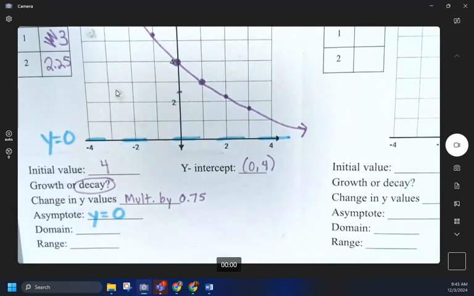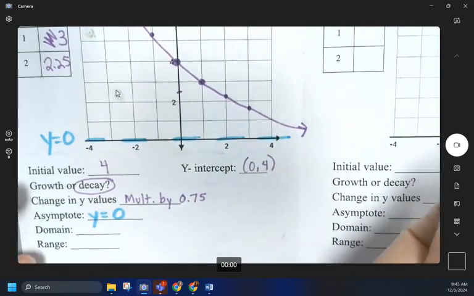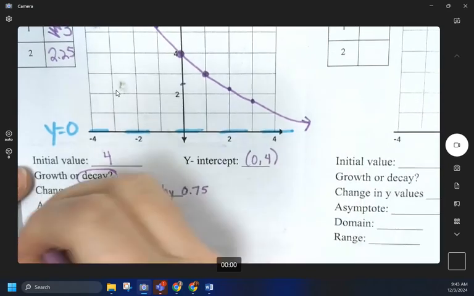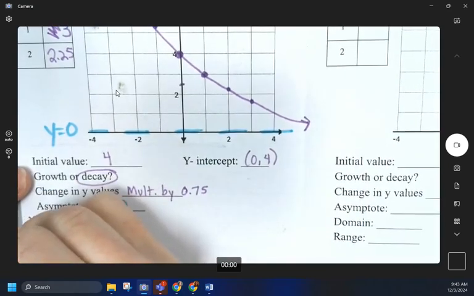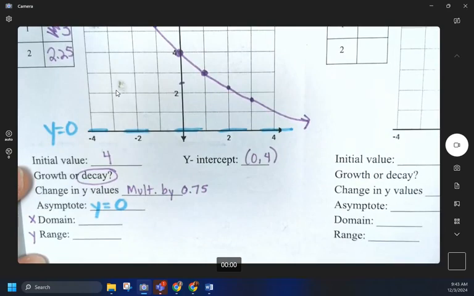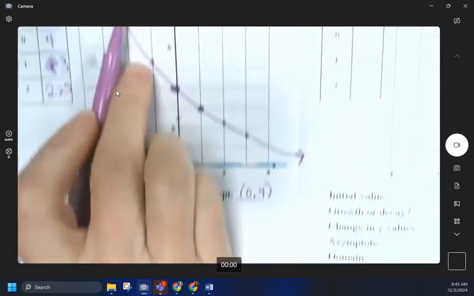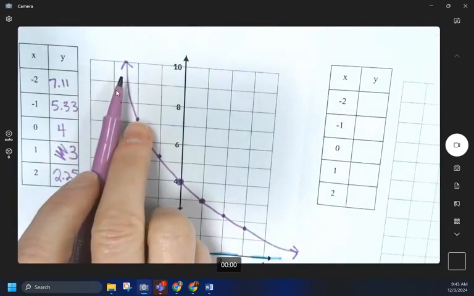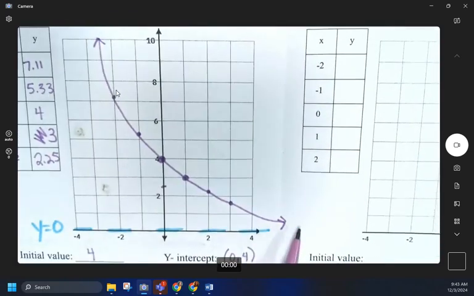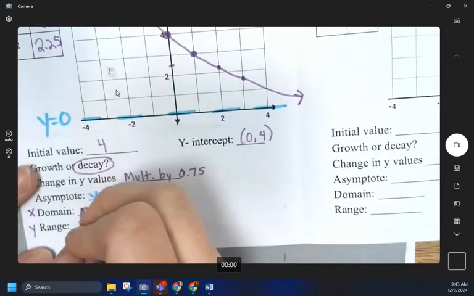Okay, domain. Domain is X, range is Y. Domain is left to right. It's going to go out and up to infinity or negative infinity. It's going to go right to infinity. So our domain is all real numbers.